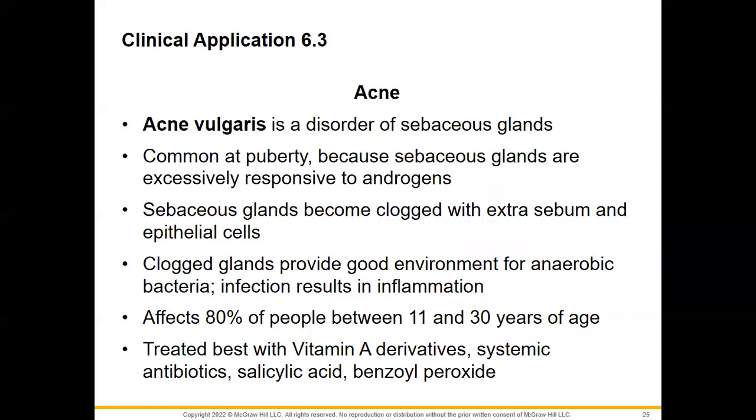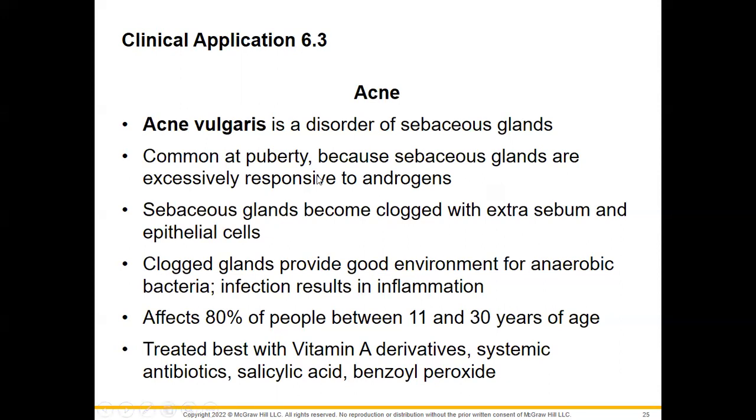So now acne. Acne vulgaris is a disorder of the sebaceous glands. Remember that your sebaceous glands open up, most of the time, into hair follicles, and they produce oil. Some produce more oil than others, and that oil escapes through the pore that the hair follicle is coming out of to go to the surface of the skin.